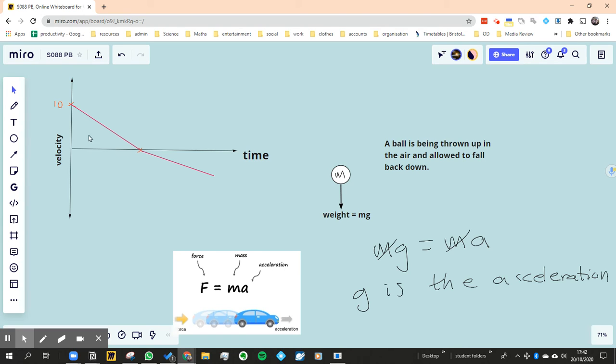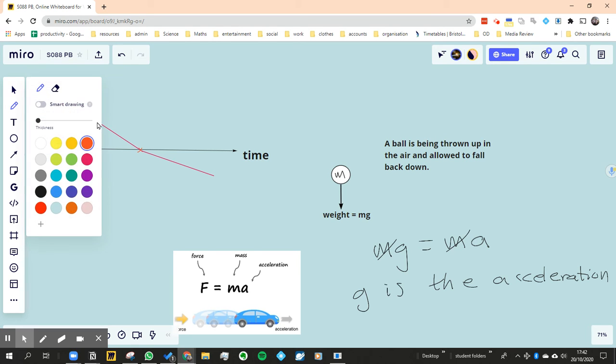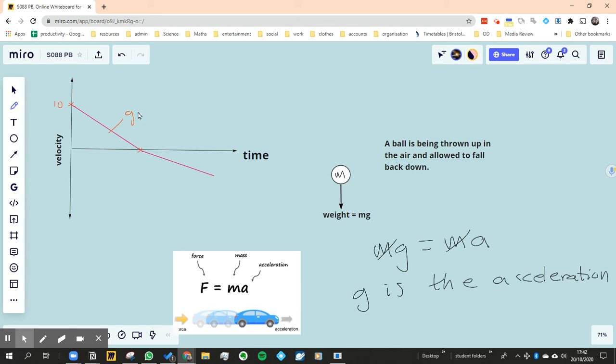Now, the gradient of this slope here is going to be the deceleration. So let's just point to it. The gradient is equal to the deceleration. But the deceleration is just gravity, because gravity is the acceleration. Well, the deceleration is just whatever acceleration is in the opposite direction.